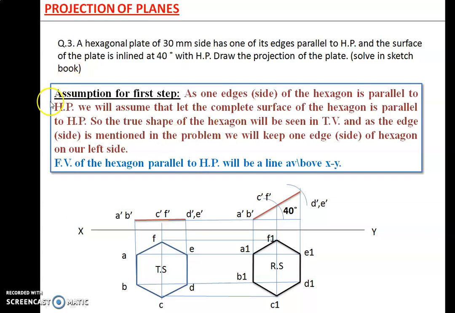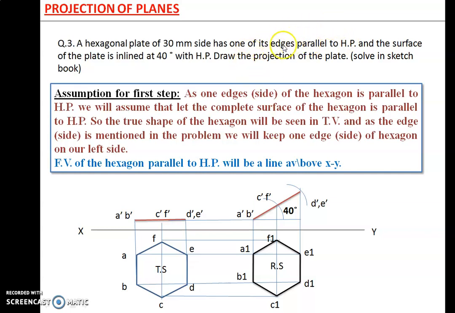Instead of going through all these things which I have written here, I will explain it directly from the problem, how to find out the assumption. Now this particular line, one of its edges parallel to HP, will help us to find out the assumption for the first step.